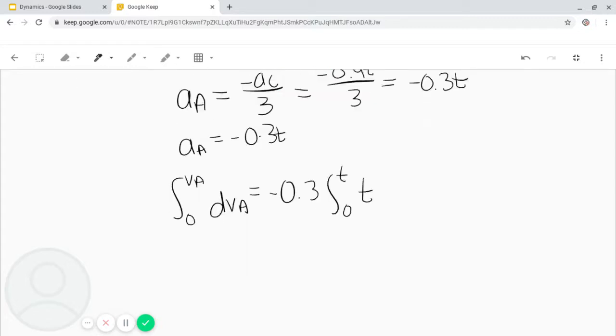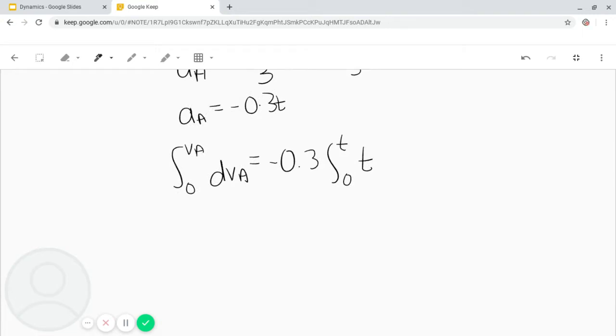So then we can write this out, and we can say that VA minus 0, I guess, if we want to be technical about it, equals negative 0.3, and then t squared minus 0.